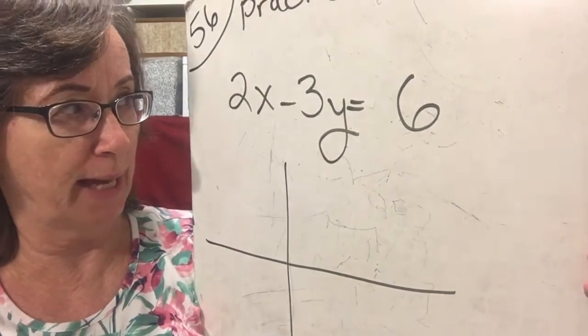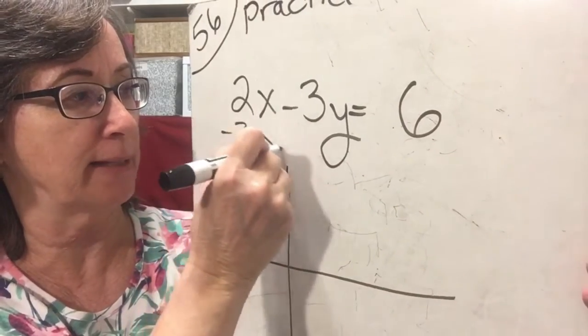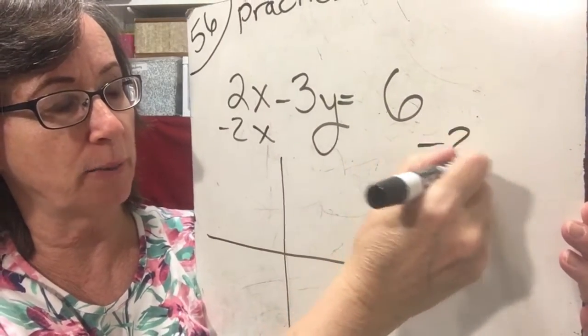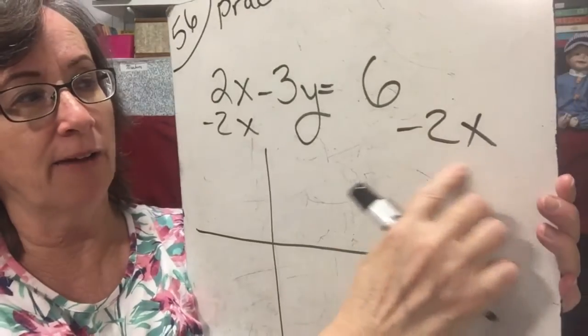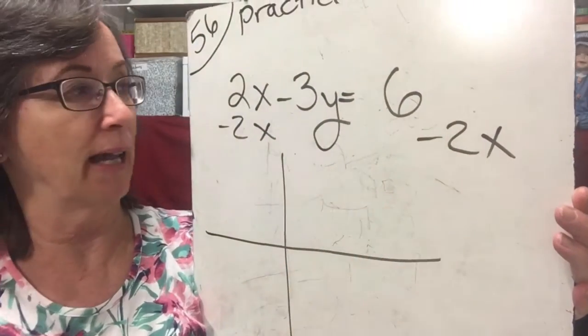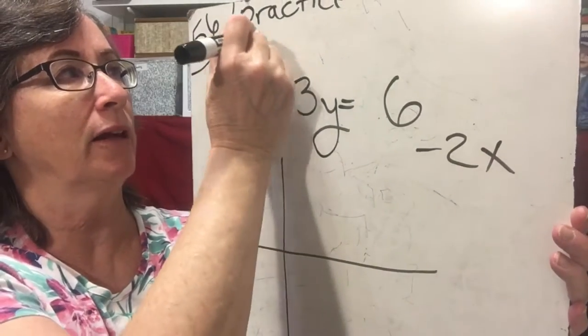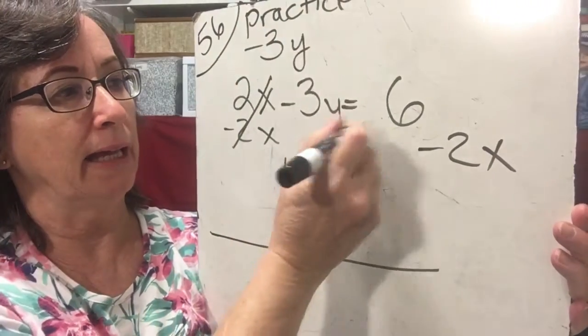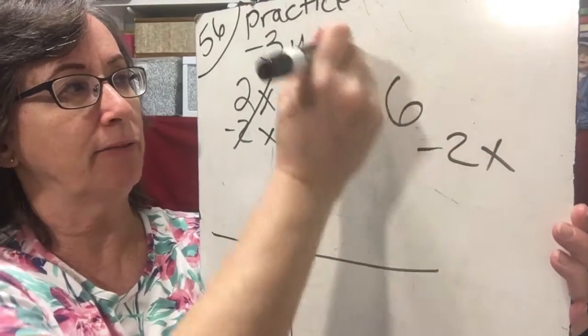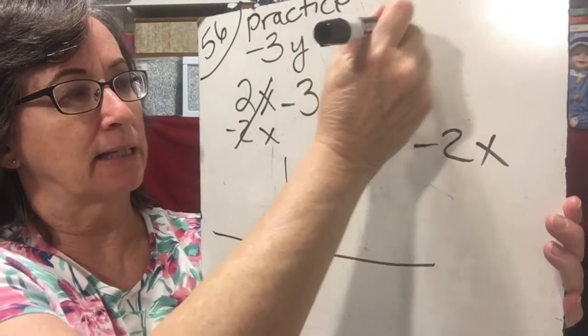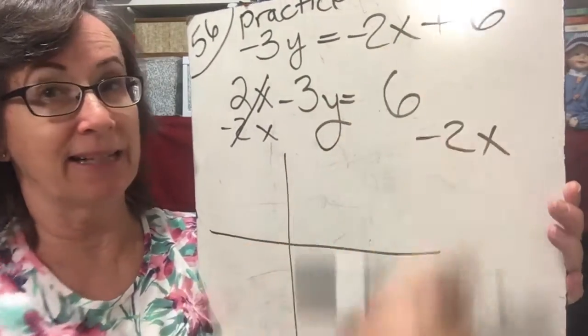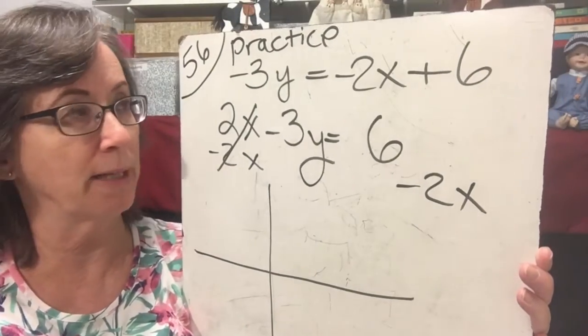We're going to go ahead and subtract 2x and subtract 2x over here. Notice that I offset it because those are not like terms. So that's going to cancel, and we'll have negative 3y equals negative 2x plus 6.